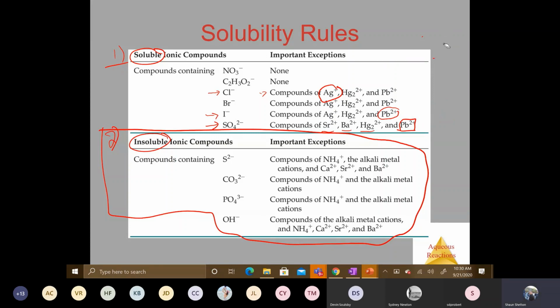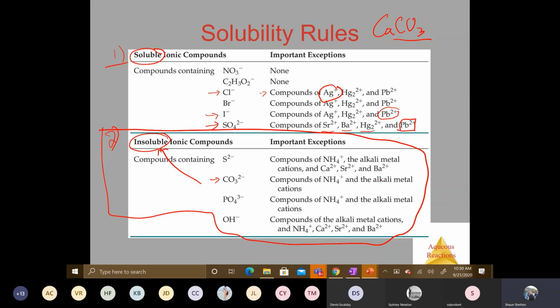So our teeth are composed of calcium and carbonate. What I'm going to do is find carbonate. I find it right here. Now I want to look and see if calcium is an exception. All carbonates are insoluble because it's in the insoluble category, unless you're part of the exceptions.